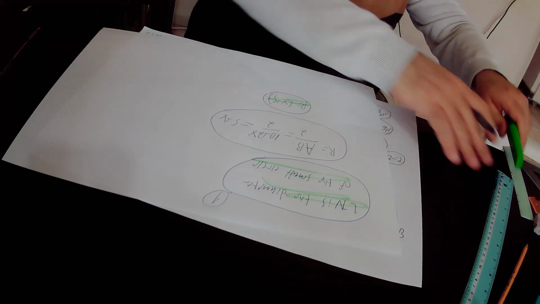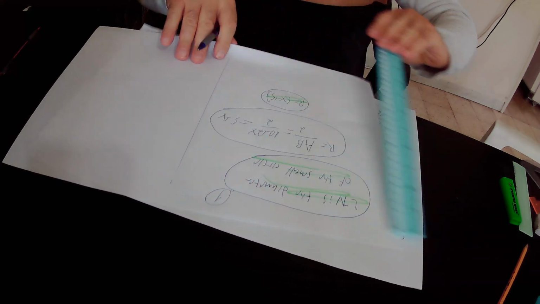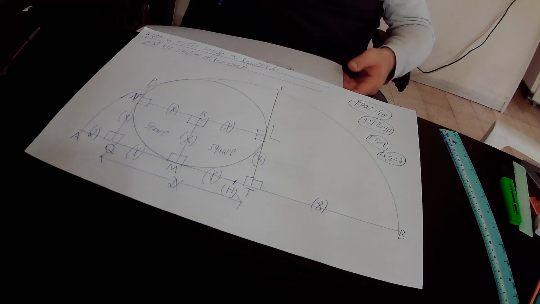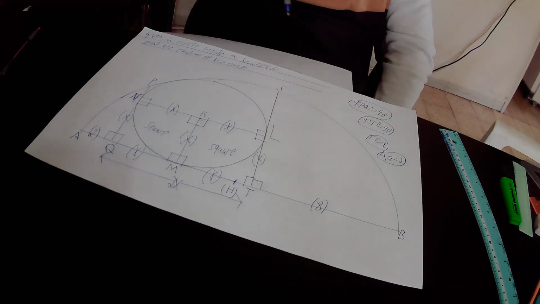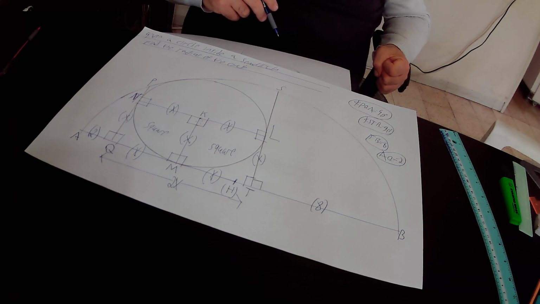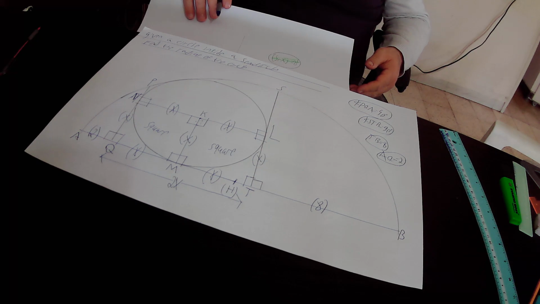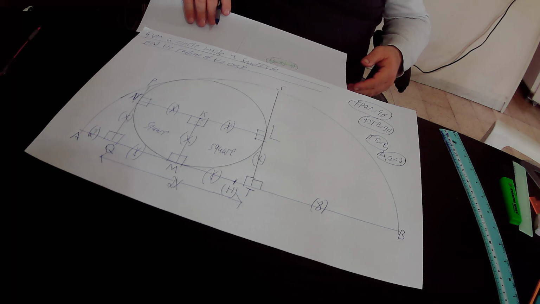Repeat again. The radius of this big semicircle, capital R, equals x plus 5 units in its length. Okay. Here we can implement rule 9. Why?